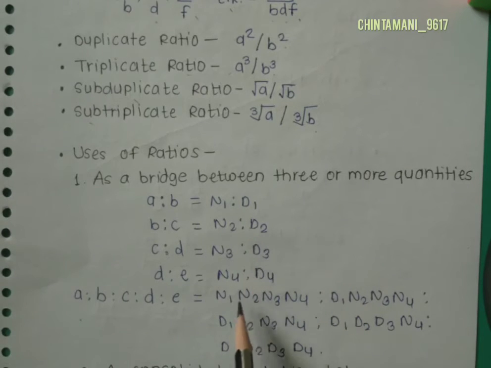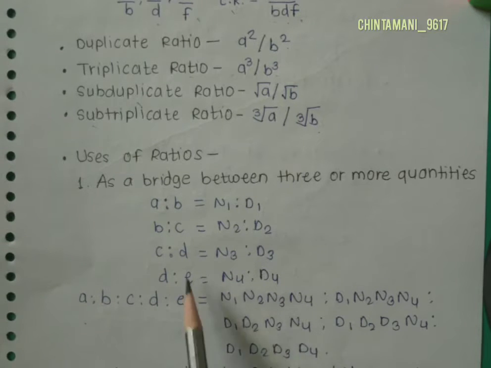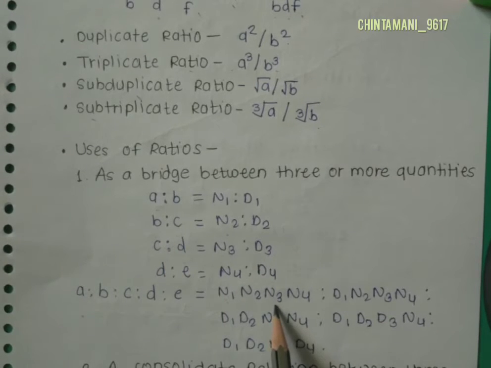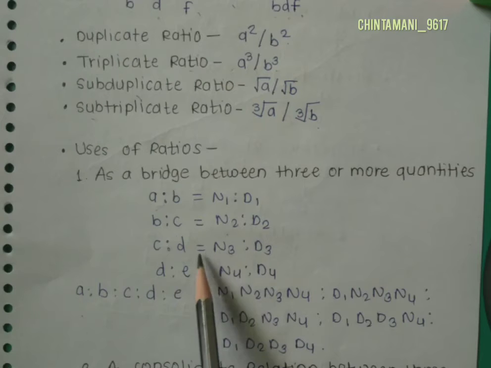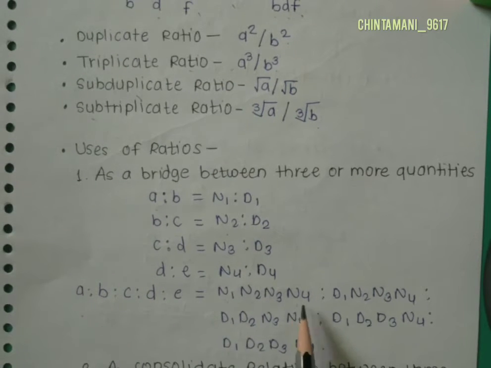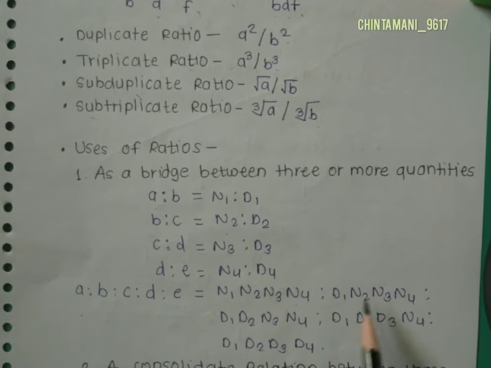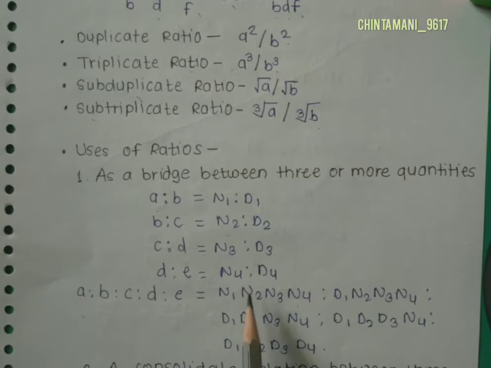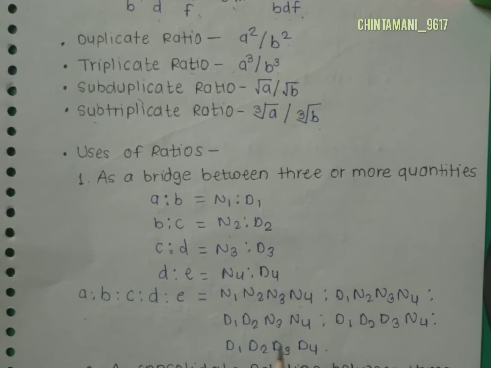Similarly, if we have to find A is to E, we will just use n1 into n2 into n3 into n4 is to d1 into d2 into d3 into d4. That will be our A is to E directly.